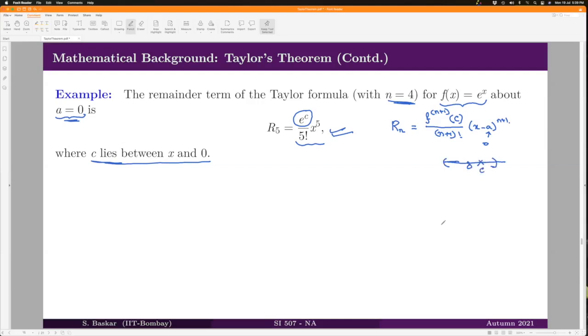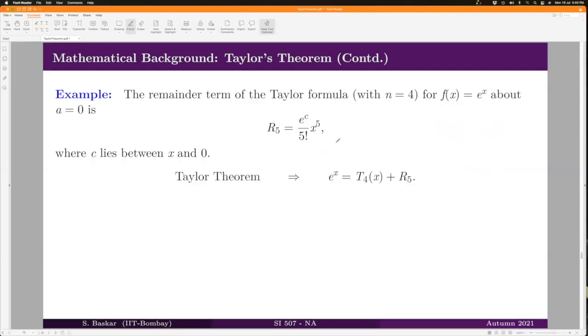We don't know where it will be lying, anywhere in a small neighborhood of 0. Suppose you want to approximate your function at the point x, c can lie anywhere between x and 0. That is what the theorem says. So in this case, the remainder is written like this.